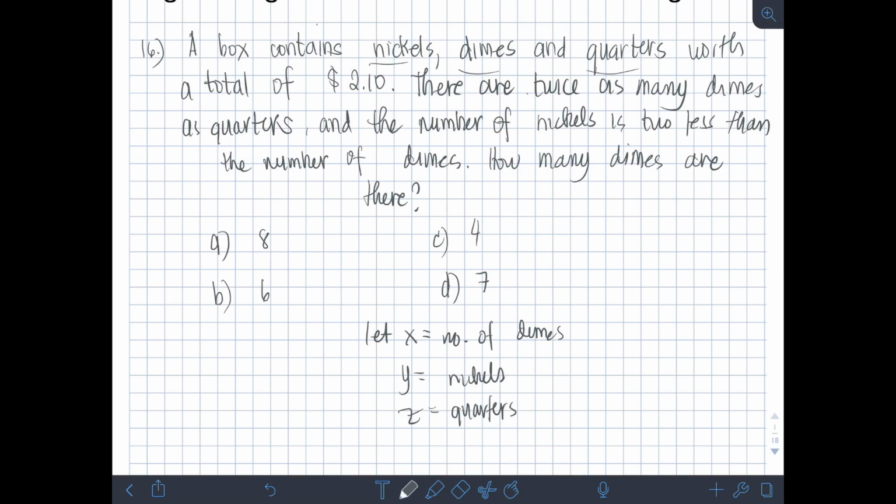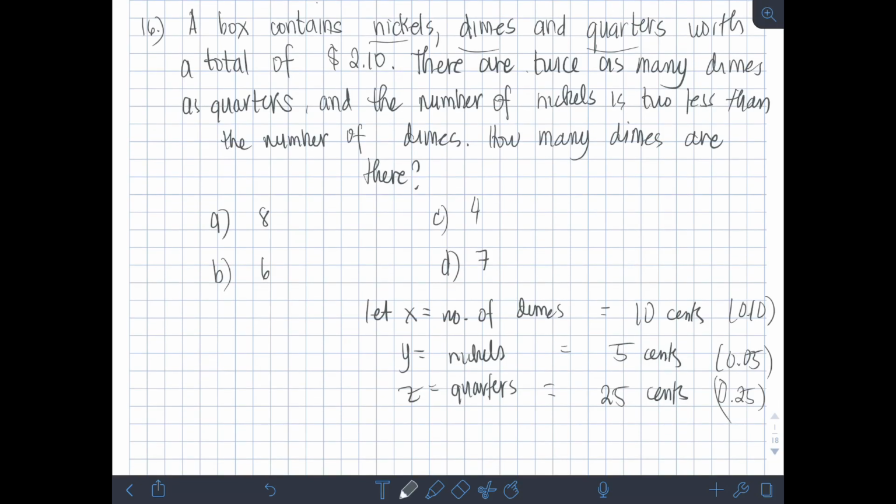So yung dimes, equal yon saan? 10 cents. Yung nickels, equal yon saan? 5 cents. And then yung quarter, obviously, equal yon sa 25 cents. So, itong 10 cents, 0.10. Yung 5 cents, 0.05. Yung 25 cents, 0.25.